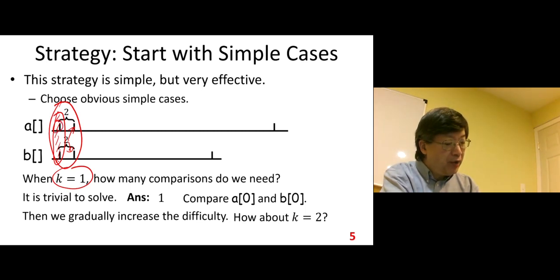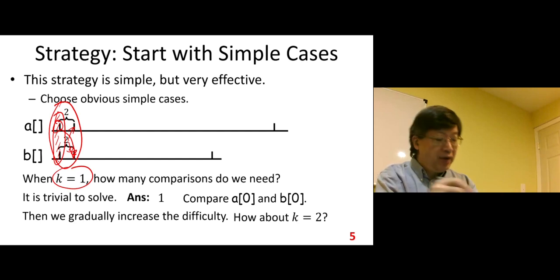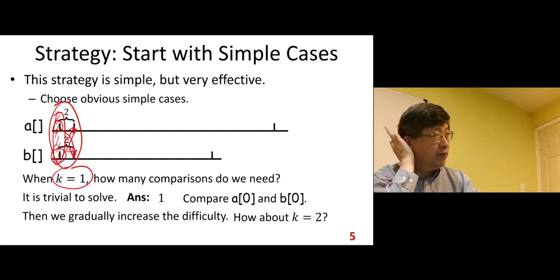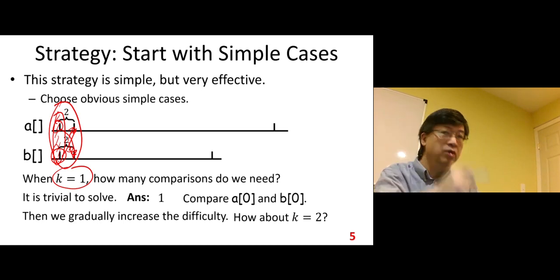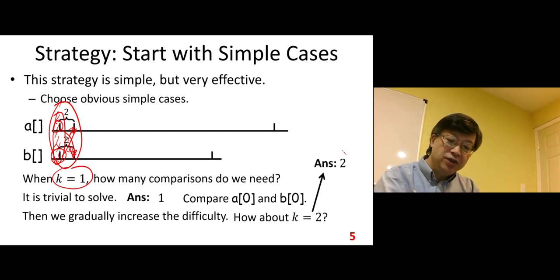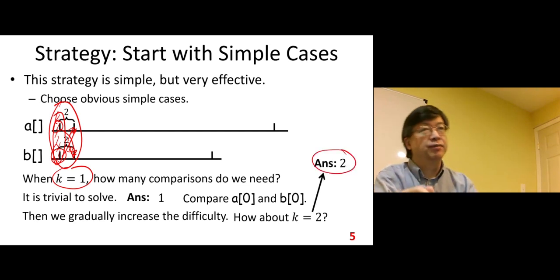If it is in A array, then we compare with the next B element. If it is in B array, we compare it with the next A element, and try to see which one is smaller. The smaller one in the second comparison will be the solution. So you can see the answer is 2 comparisons.